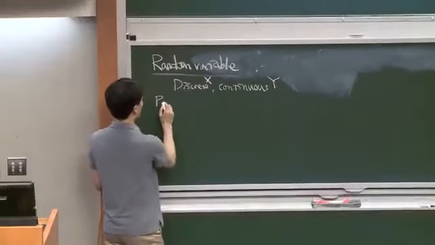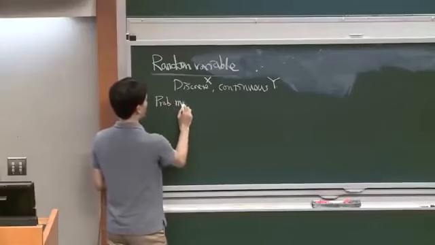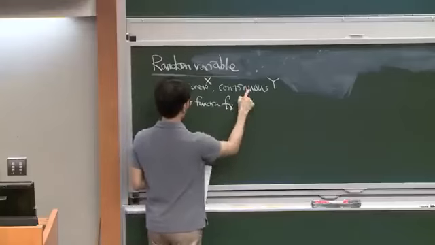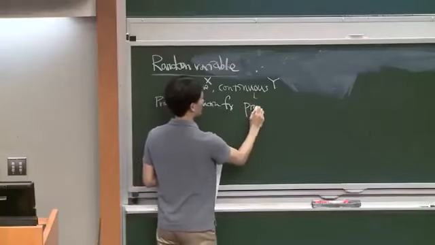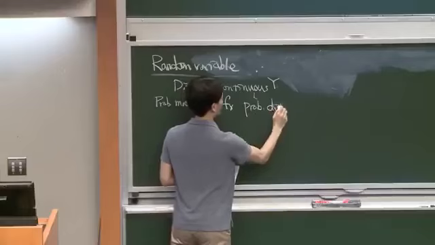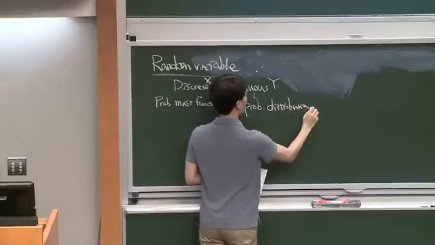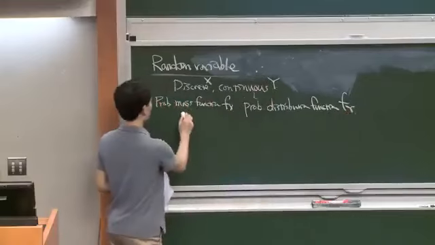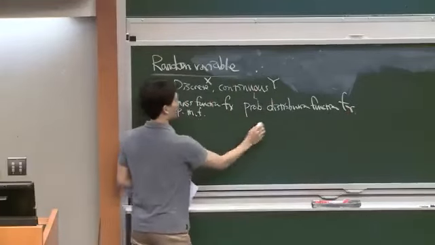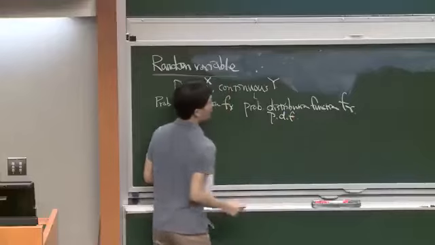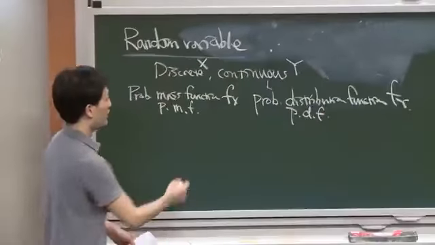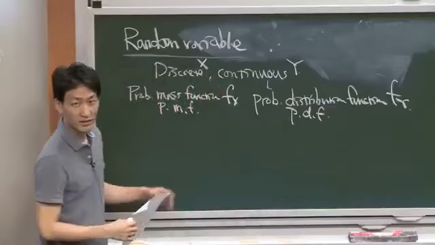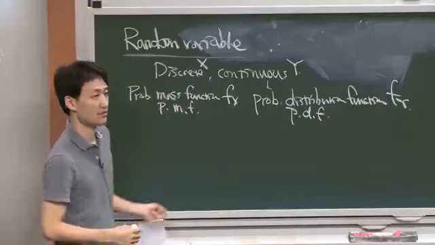A discrete random variable is given by its probability mass function, f sub x, I will denote. And a continuous one is given by a probability density function, I will denote by f sub y. So PMF and PDF. Here I just use a subscript because I want to distinguish f sub x and f sub y. But when it's clear which random variable we're talking about, I'll just say f.